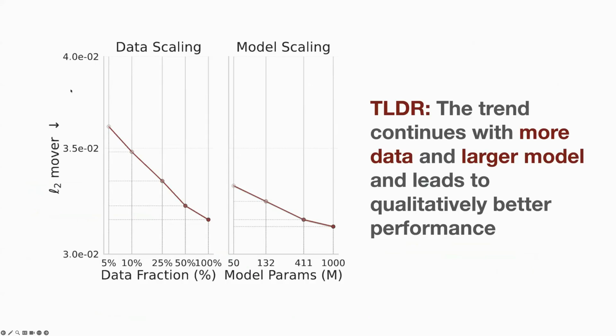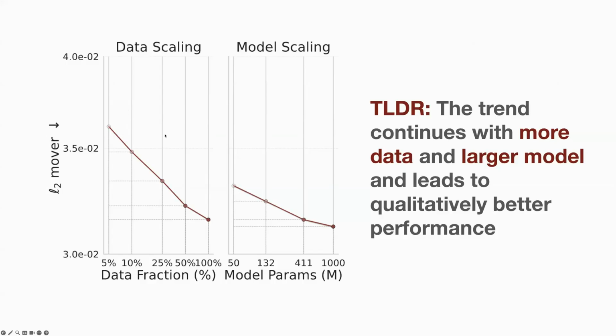You can see that with more data, there's a close to linear performance increase in log space. Similarly, if we keep the data size the same, we can investigate what will happen if we scale the model further.